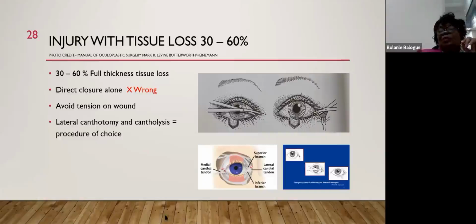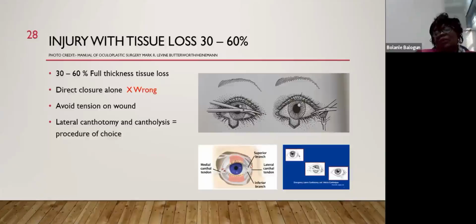And then you come to the lateral canthal area, because now you want to mobilize tissues medially. So that's your area of interest here, this tendon, that's the lateral canthal tendon. And you want to do cantholysis so that you release this inferior branch of the tendon.